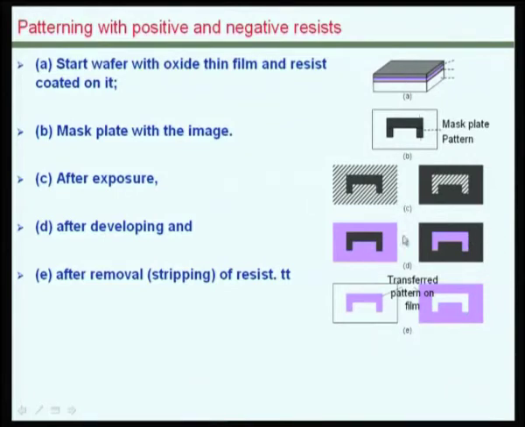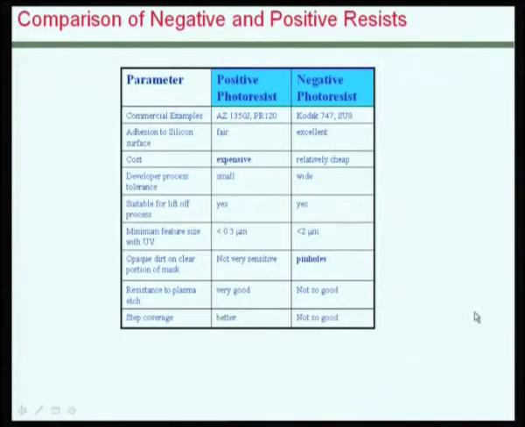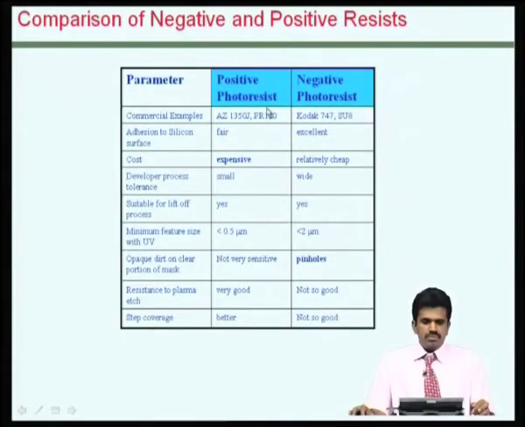After it is transferred, when you have a positive resist, you get exactly the same, and when you have a negative resist, you have the opposite of that transferred onto the resist layer. There are some differences in the way these resist materials could be used, and that is obviously why both these types are available.